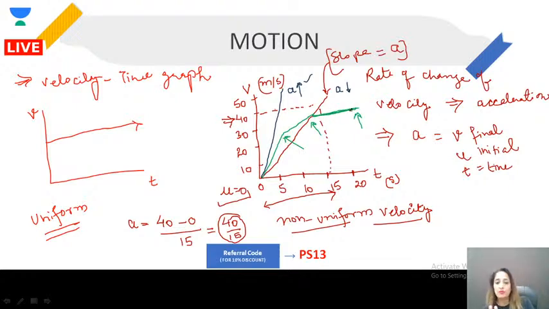So just from the graphs we can tell so many things. We can infer so many things about what is going on. All right, so now let's take another very interesting topic. How do we calculate the displacement using these velocity time graphs?